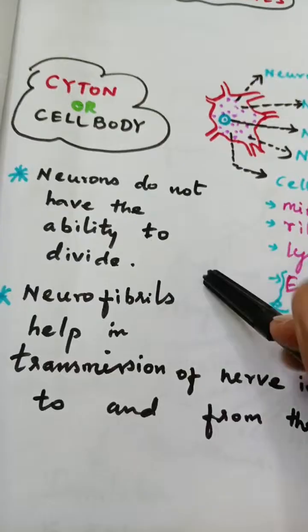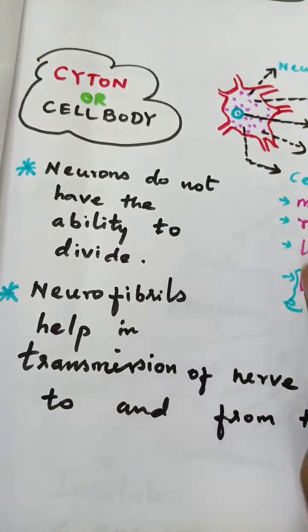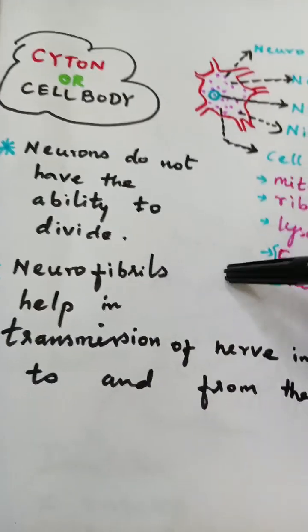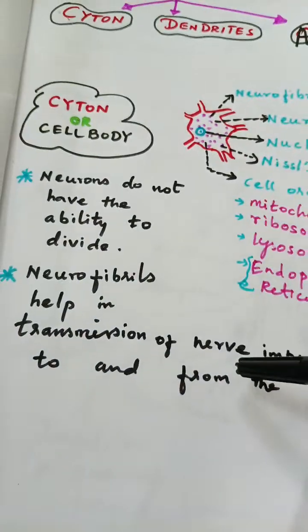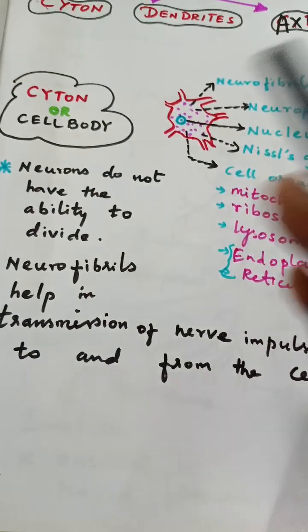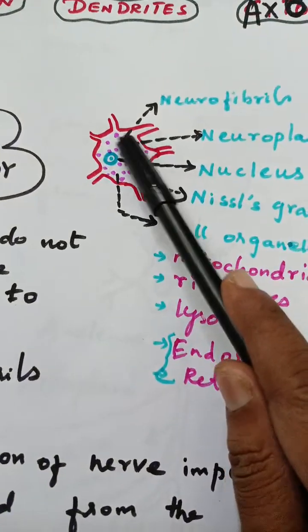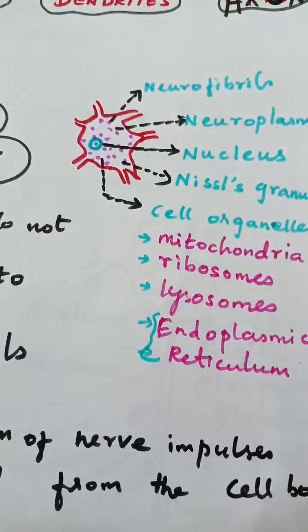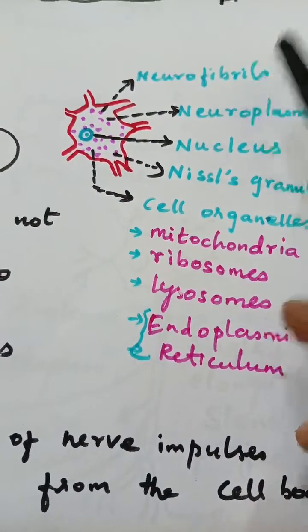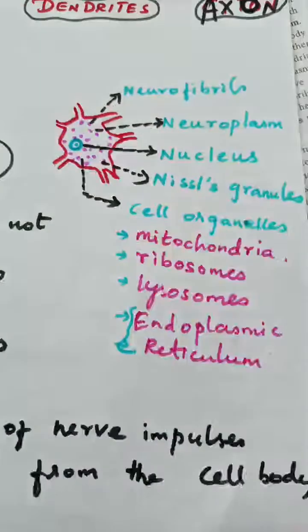Mainly, these neurons do not have the ability to divide. They will be as such. And the neurofibrils, I said, these neurofibrils transmit the signals from one cell to another cell. They will send the signal to the dendrites, and from the dendrites they will be connected to the synapses. Synapse is the space between one nerve cell and another nerve cell.